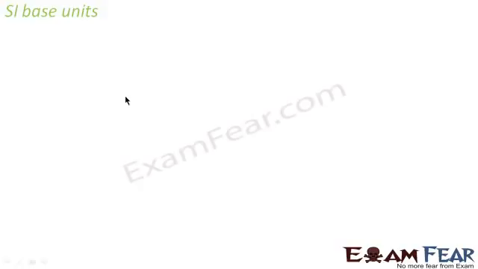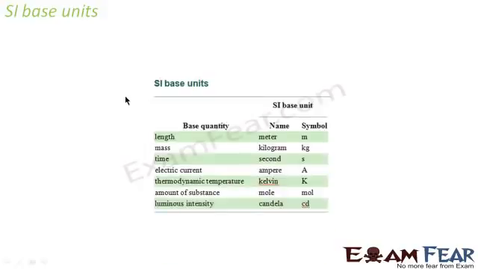So now we will see what are the 7 base units in the SI system. The 7 base units are meter, which is the unit for length, kilogram, the unit for mass, second, the unit for time, ampere, the unit for electric current, Kelvin, the unit of temperature, mole, the unit for amount of a substance, and candela, that is the unit for luminous intensity.